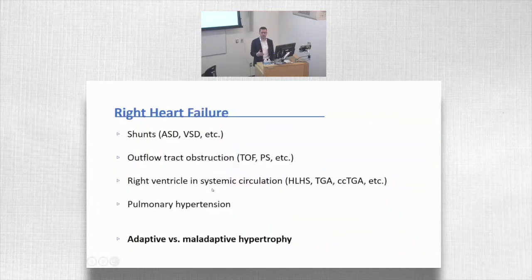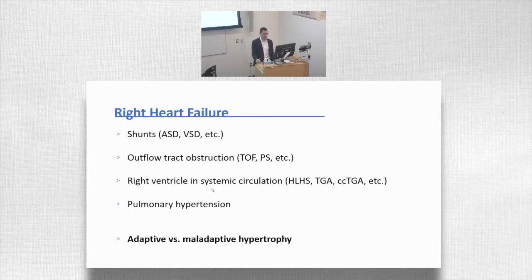We see right heart failure, as I initially said, not only in single ventricle patients. We see it in a lot of adults, especially across the street, with long-standing ASDs and VSDs. We see it as a consequence of tetralogy of Fallot, and all these patients are usually expected to have a very good long-term outcome. We see it in the single ventricle population, and in patients with pulmonary hypertension.